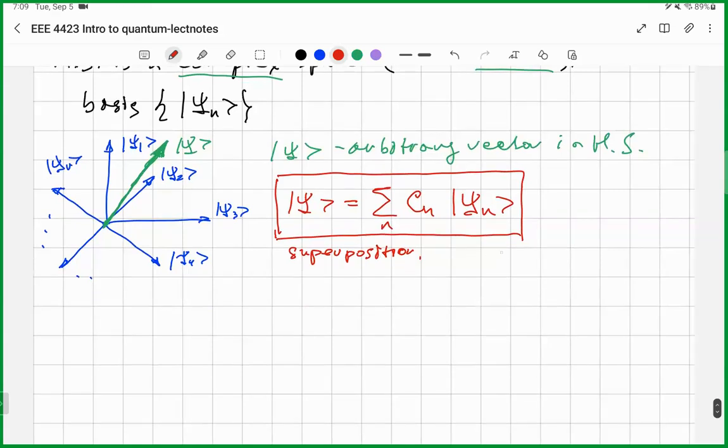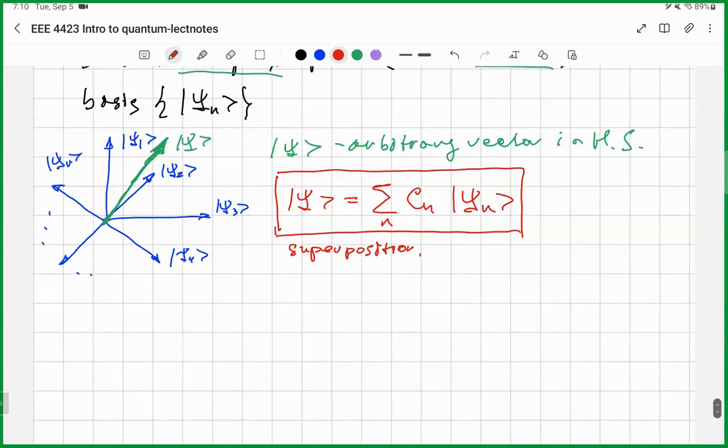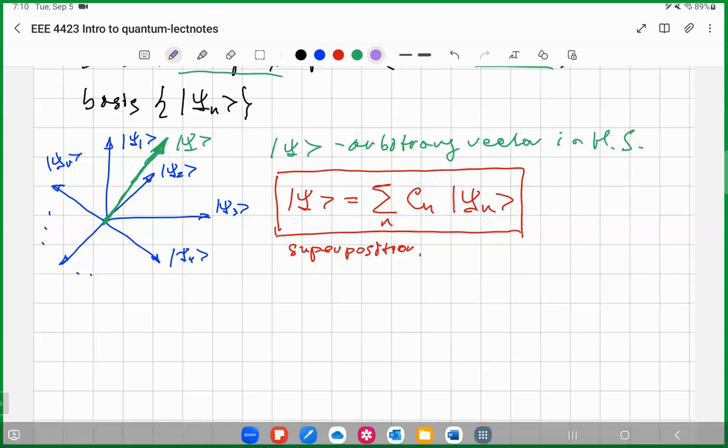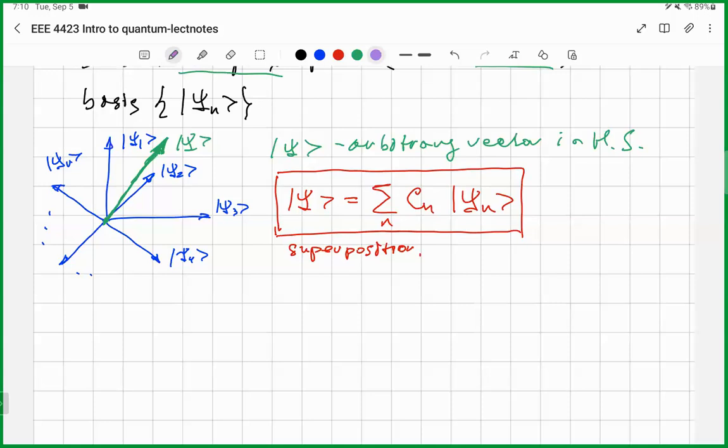And this superposition principle dictates that we take into account all these basis vectors, psi1, psi2, psi3, psi4, etc., with different C1 or Cn coefficients, which are the projections of the vector on the basis vectors. We will discuss that next week in more detail, but this is already where quantum mechanics appears.